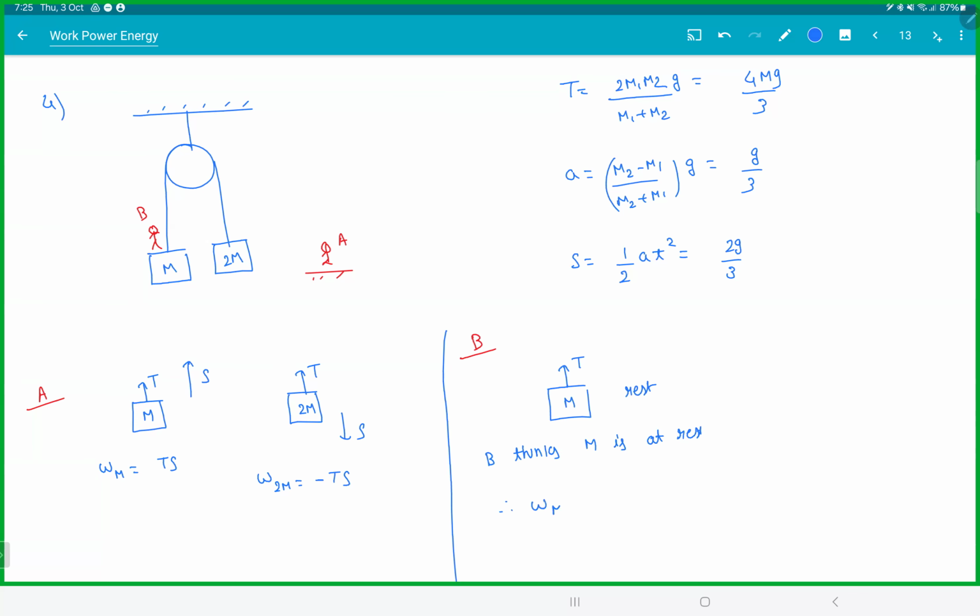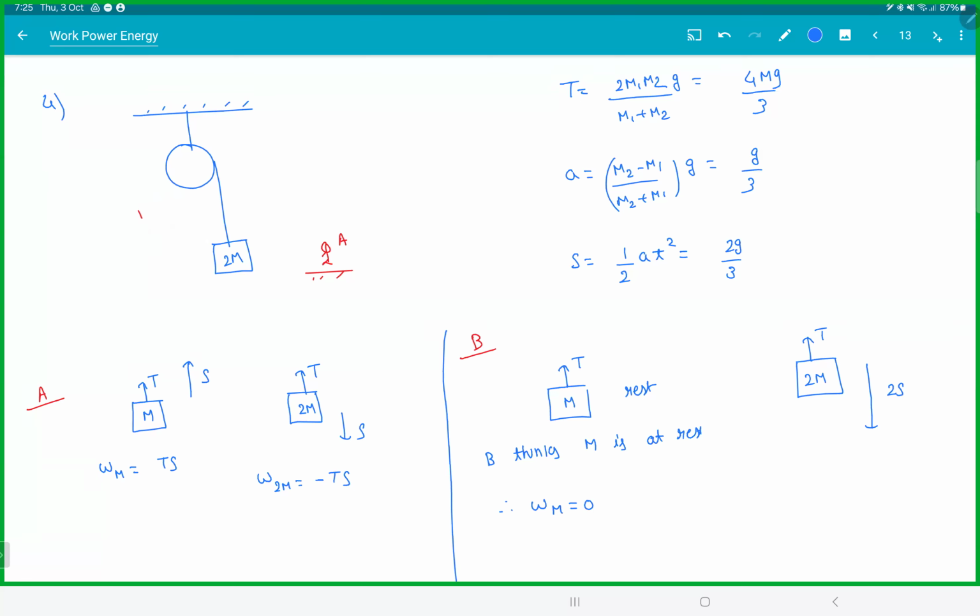Therefore, work done on M is 0. Now if you ask B about 2M, what will it say? Tension T, and it will think it has gone 2S now. Technically what is happening, M is going up and 2M is coming down, but B will think I am at rest and this 2M is going double the distance. Is that making sense, everyone?